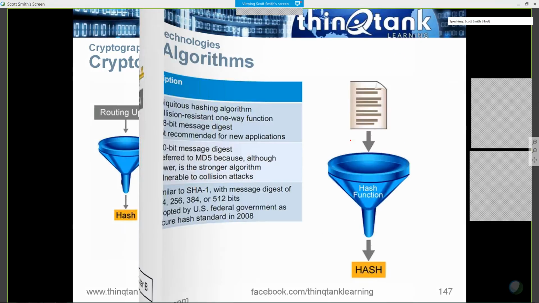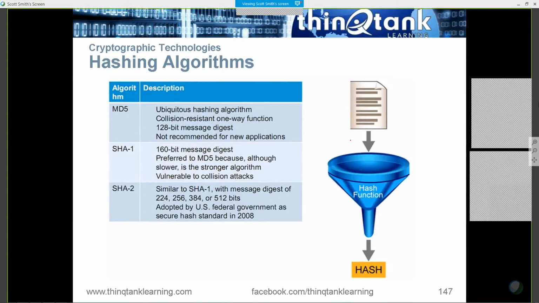Essentially, there are two types of hashing functions, MD5 and SHA. SHA-2 is the next generation of SHA. MD5 stands for Message Digest 5. It takes an arbitrary amount of data and generates a 128-bit digest.